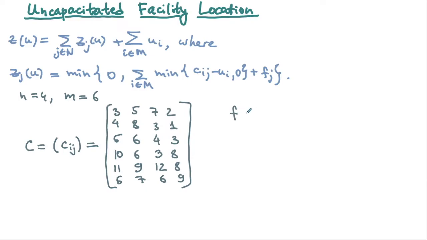Assume that the fixed costs are given by the following values. So let's evaluate Z of u, where u is given by the following vector.